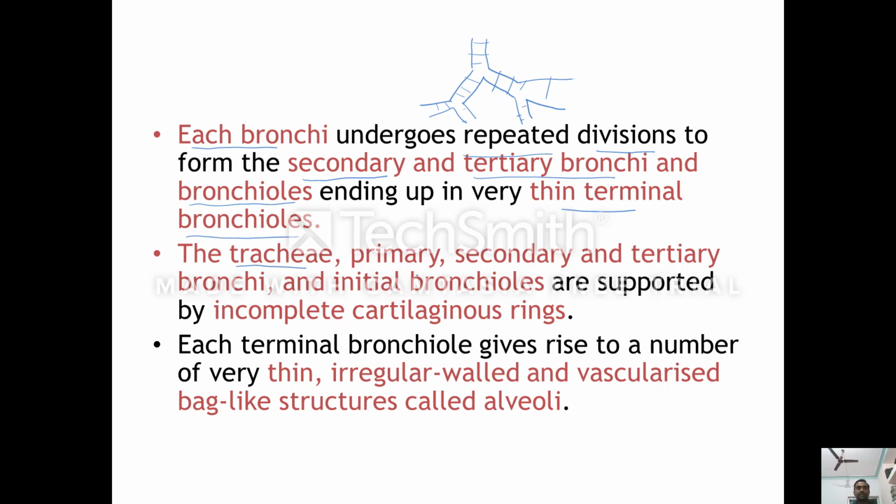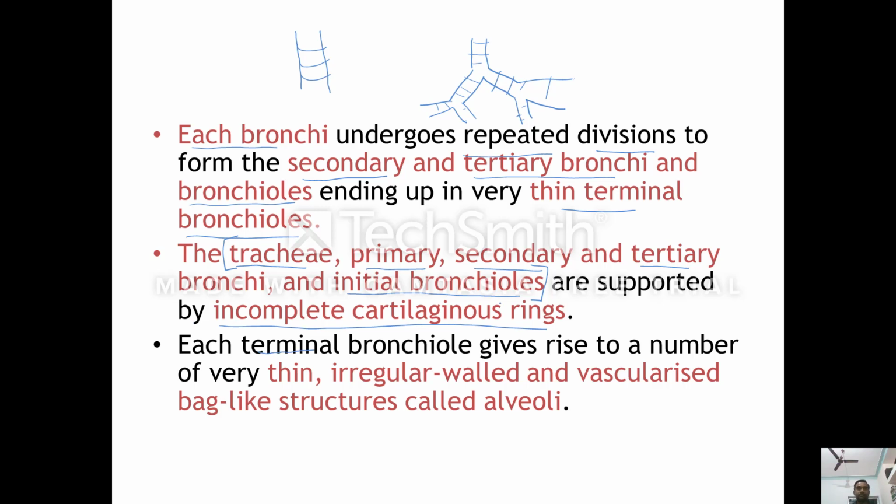So the trachea, primary bronchi, secondary bronchi, tertiary bronchi and initial bronchioles are supported by incomplete cartilaginous rings. These cartilaginous rings are present from the trachea till the initial bronchioles. This is one of the important parts.